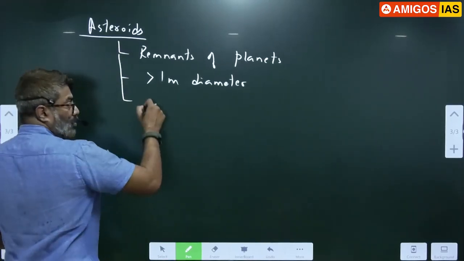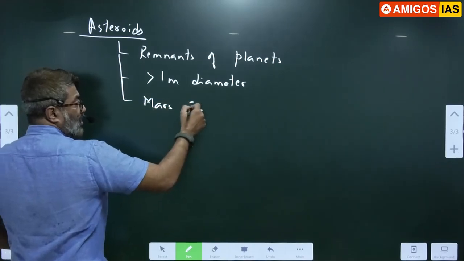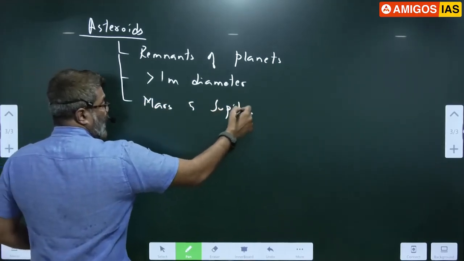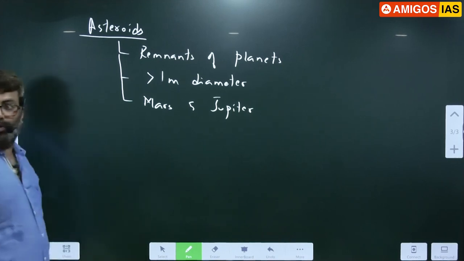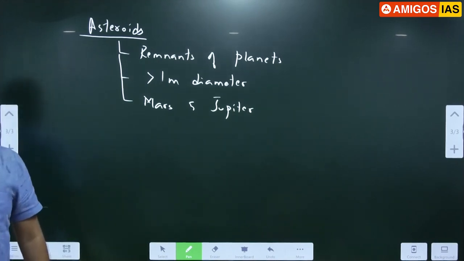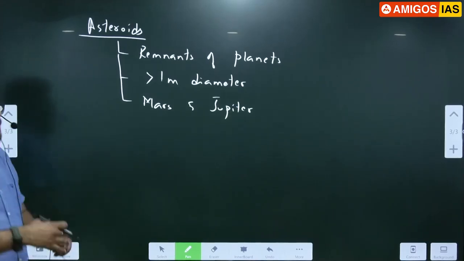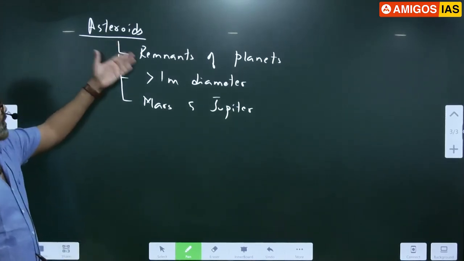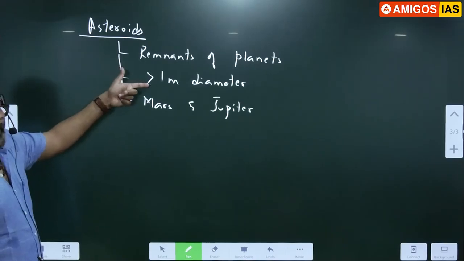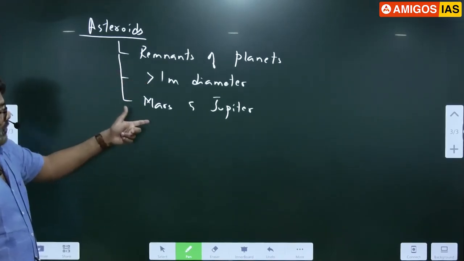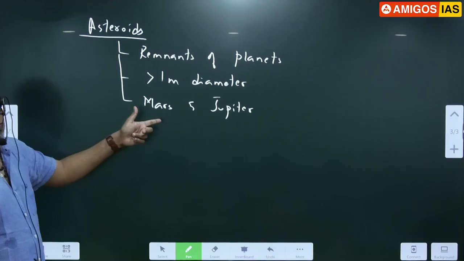So they are mostly found between Mars and Jupiter in an asteroid belt, correct? Okay, they are the remaining portion of the planets. So remnants, they are more than 1 meter diameter. They are located between Mars and Jupiter.